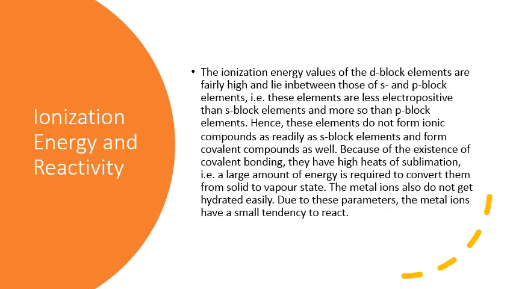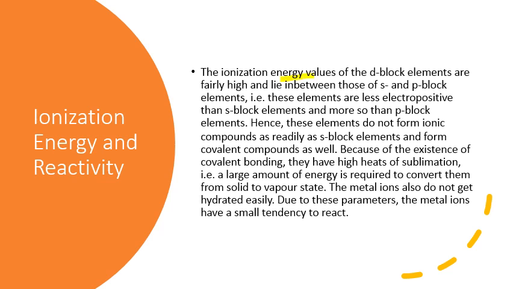Now let's talk about the ionization energy and the reactivity of the transition elements. What do you understand by the ionization energy? It is the energy required to remove an electron from an isolated gaseous atom. Understood? So that is ionization energy.